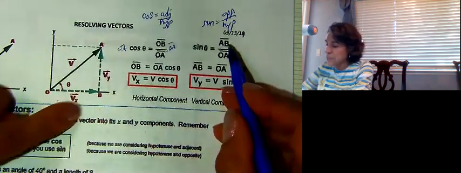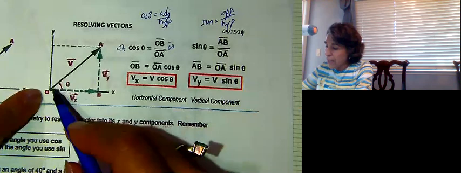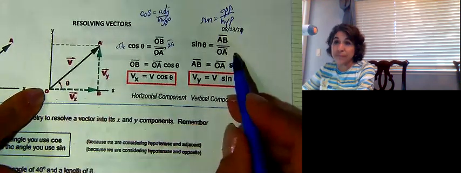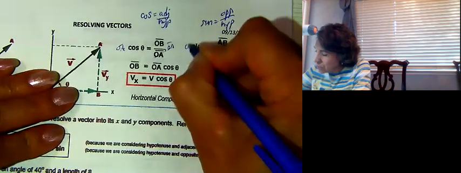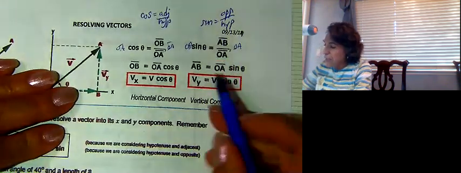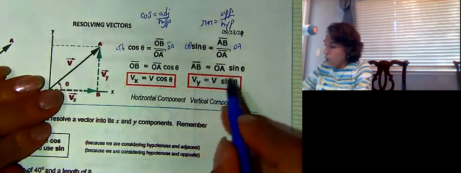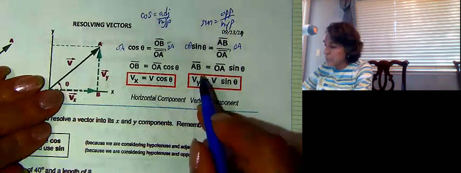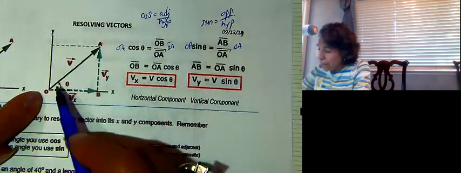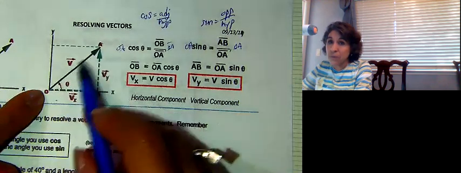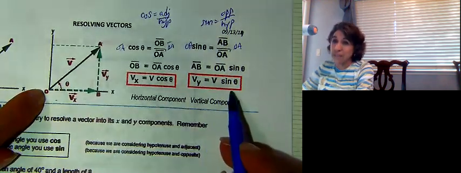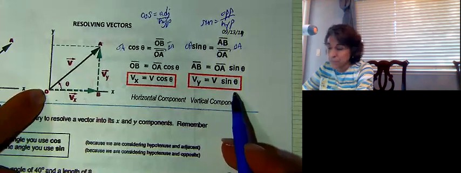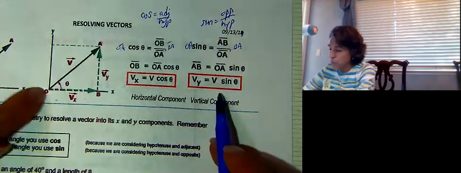AB, that's the opposite, over OA, which is your hypotenuse. Again, we multiply OA to both sides, they cancel out, and we end up with OA sine of theta is AB. OA is your resultant vector magnitude, times the sine of the angle. And that's how you break down your components.